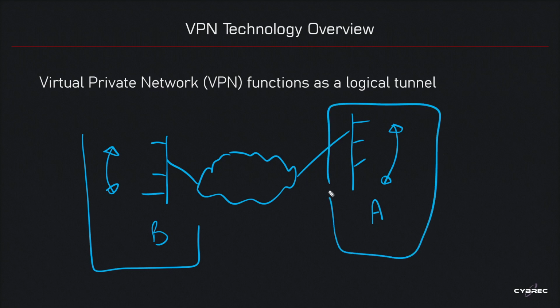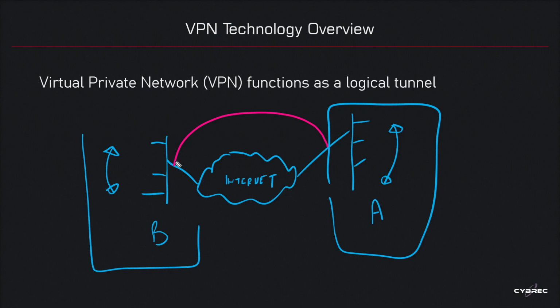But the problem is that when we want to talk from A to B or B to A, it doesn't work, because what we have in the middle is a public network. It doesn't have to be a public network, but in most cases it will be, and that breaks connectivity, doesn't allow us to connect in the first place. So a solution is going to be to build a tunnel.